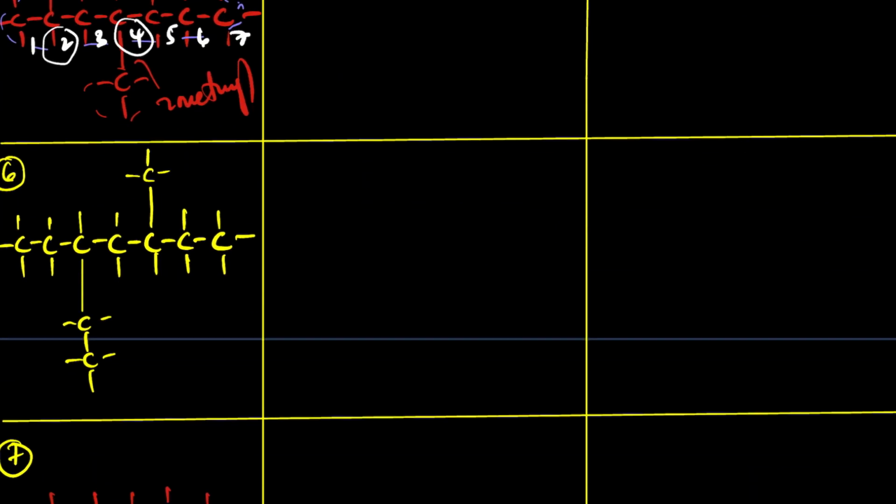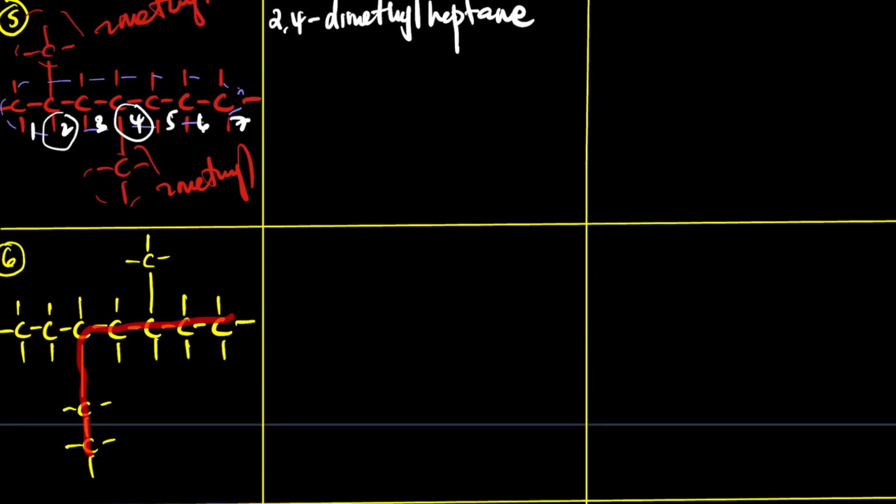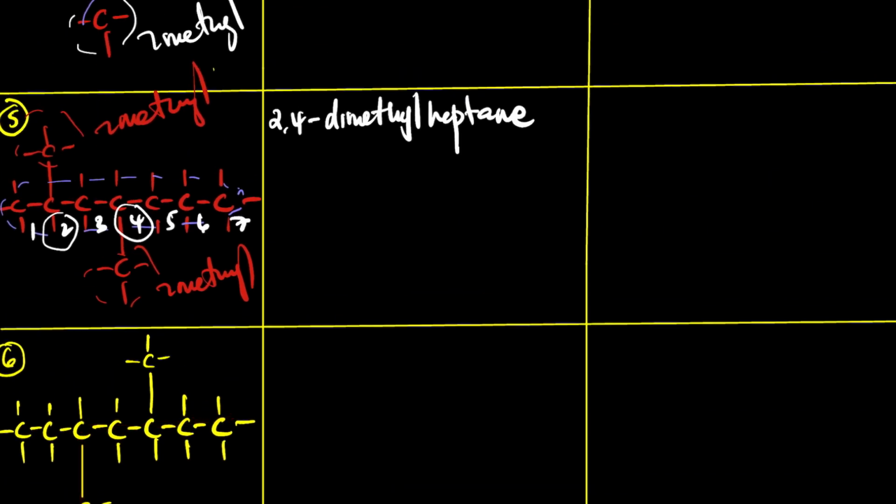Let's do this one. This one, let's look at the parent. The longest chain of carbon, it's 1, 2, 3, 4, 5, 6, 7. Or 1, 2, 3, 4, 5, 6. Or 1, 2, 3, 4, 5, 6, 7. So if we have 7 this way and we have 7 this way, right? Okay, in the previous example, let me show you this. Let's say we have a left to right and right to left.